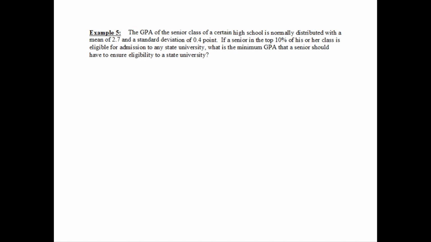Let's do another example. Let's suppose that the GPA of a senior class of a certain high school is normally distributed with a mean of 2.7 and a standard deviation of 0.4. And believe me, the high schools do keep records of GPA like this.